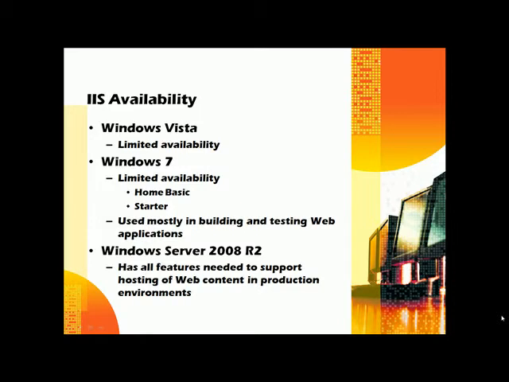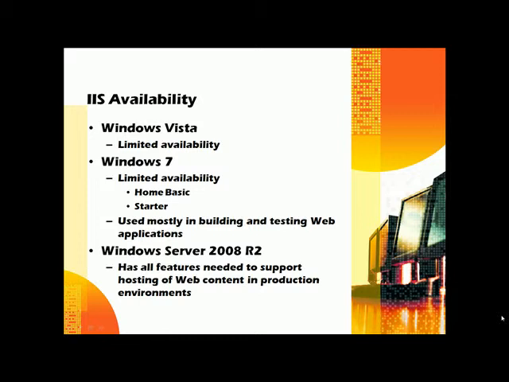Internet Information Services is available on Windows Vista, Windows 7, and Windows Server 2008 R2. On Windows Vista it has limited availability, and on Windows 7 it has limited availability on the Home Basic and Starter versions.